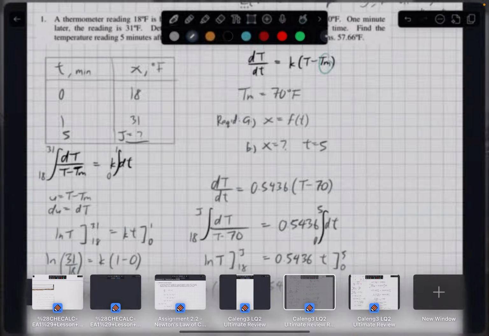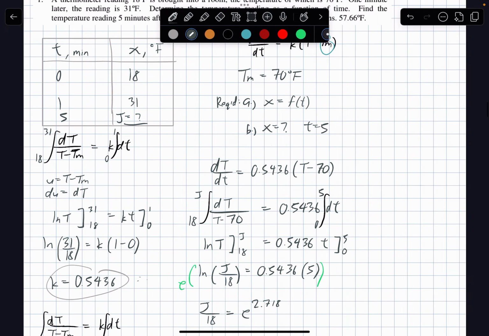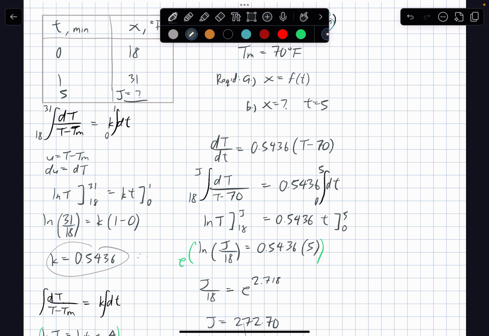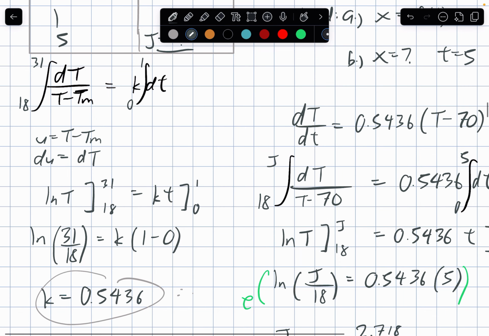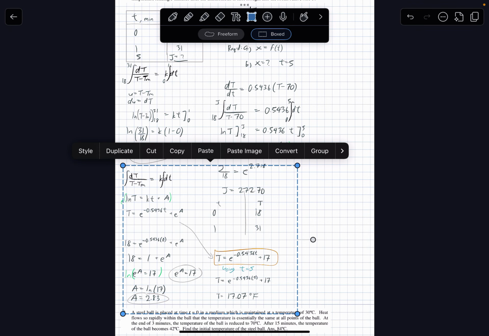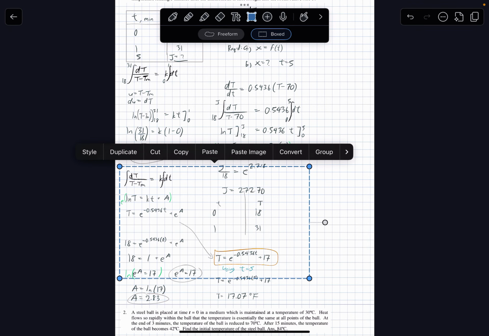T minus 70. Headache. So this is supposed to be ln u, no? So T minus T sub m. I only wrote T. That's what got it wrong. Restart. Everything here is wrong.